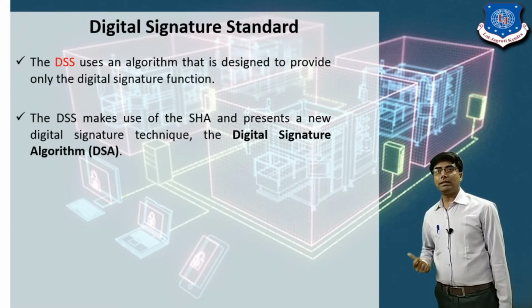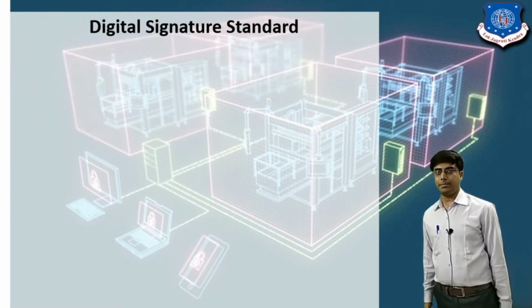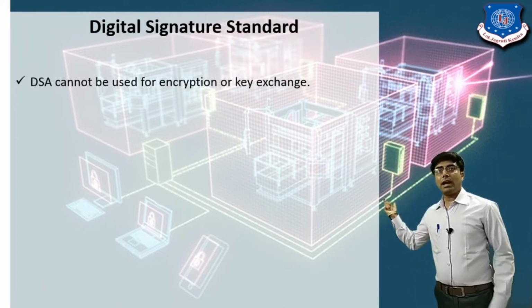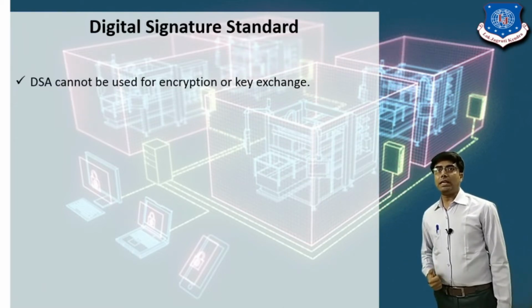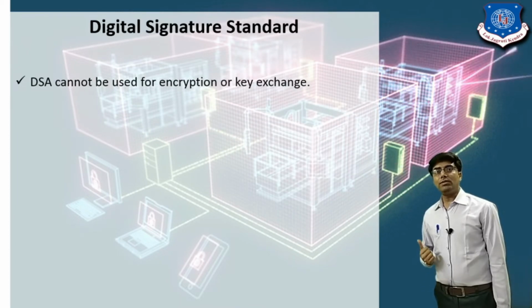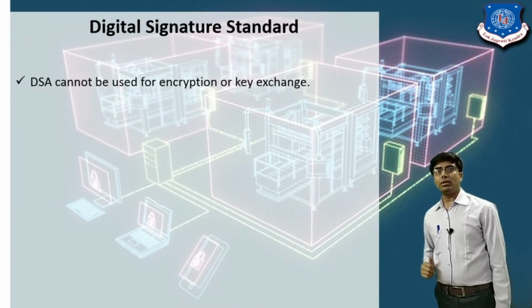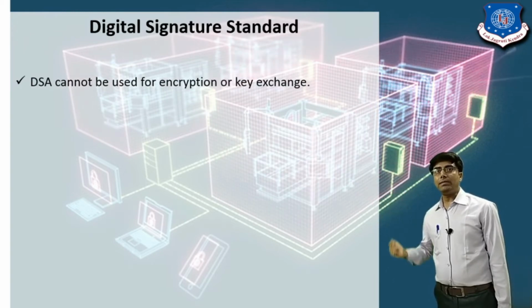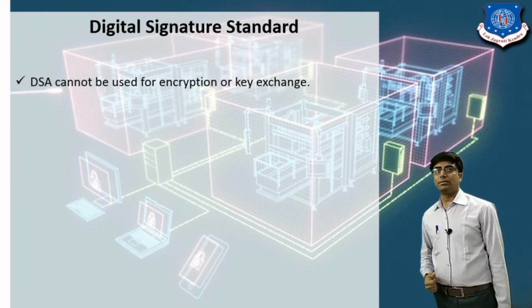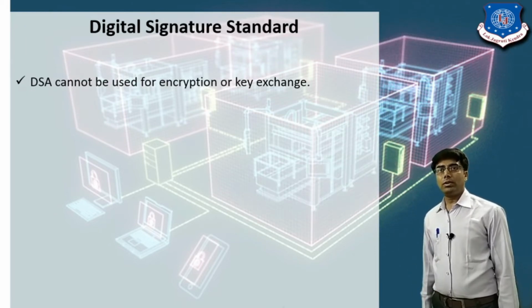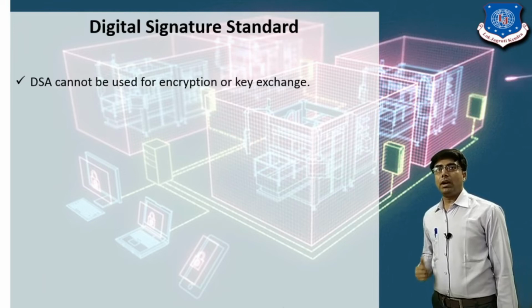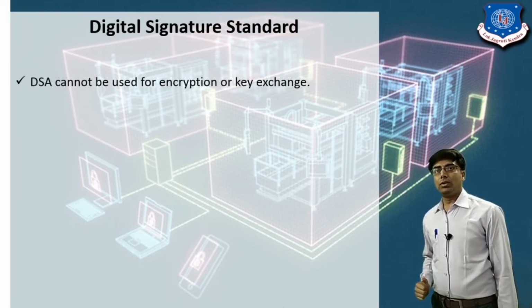It means that in the DSS we use SHA and it presents a new digital signature technique, which is called the digital signature algorithm, the DSA. The DSA cannot be used for encryption or key exchange, because in the RSA algorithm we use encryption and key exchange, but in the DSA algorithm we cannot.